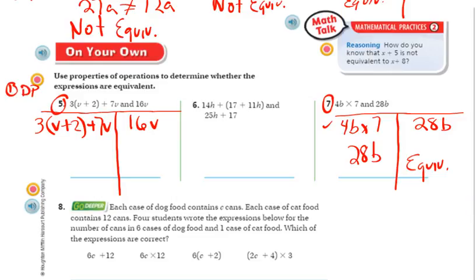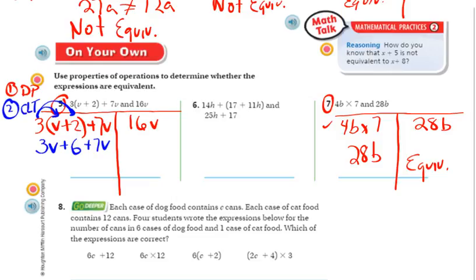Can I distribute? And the answer there is yes, I can actually distribute 3 times v, which is 3v, plus 3 times 2, which is 6, plus 7v. All right, so I look at that, I say, it's still a little bit of a busy expression. So what I want to do now is see if I can combine like terms.